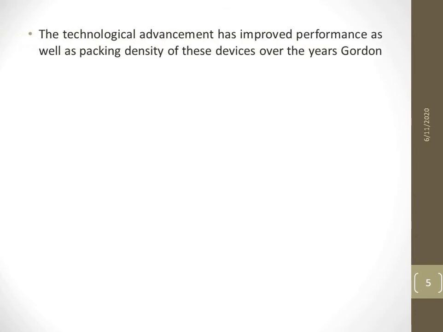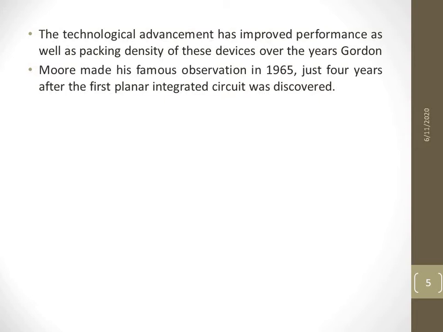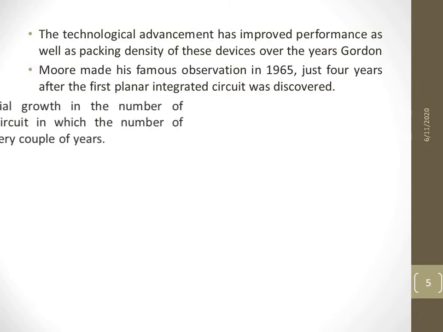Technological advancement has improved the performance as well as the packing density of these devices over the years. Moore made his famous observation in 1965, just 4 years after the first planar integrated circuit was discovered.